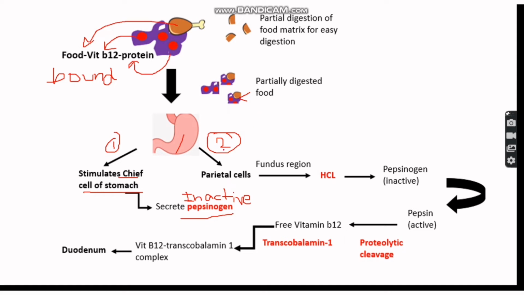The other step is that once partially digested food enters the stomach, other cells known as parietal cells, which are present in the fundus region of the stomach, will release HCl, hydrochloric acid. This HCl will convert the inactive pepsinogen secreted by the chief cells into the active form, pepsin.